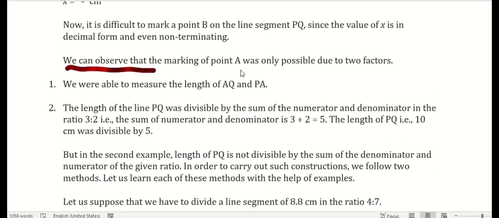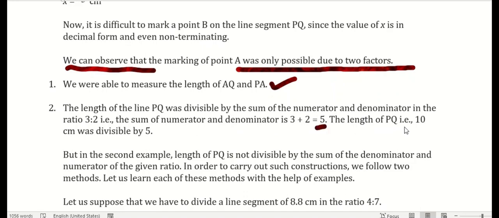We can observe that marking a point A was only possible due to two factors. We were able to measure the length of AQ and PA. The length of line PQ was divided by the sum of the numerator and denominator in the ratio 3 is to 2. That is, the sum of numerator and denominator equal to 5.